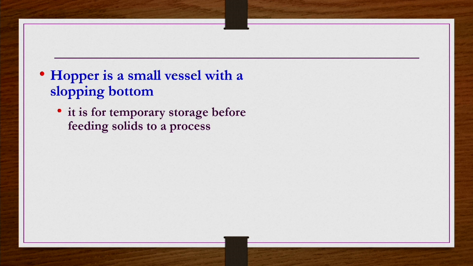These solids are properly processed and ready for the reaction or the subsequent operation. So they are a temporary storage, just feeding solids to a process, and these hoppers are small vessels with a sloping bottom. Small in the sense that compared to the bins and silos, the hopper's capacity is smaller, and usually they are located just before the process where the solids are going to be processed.